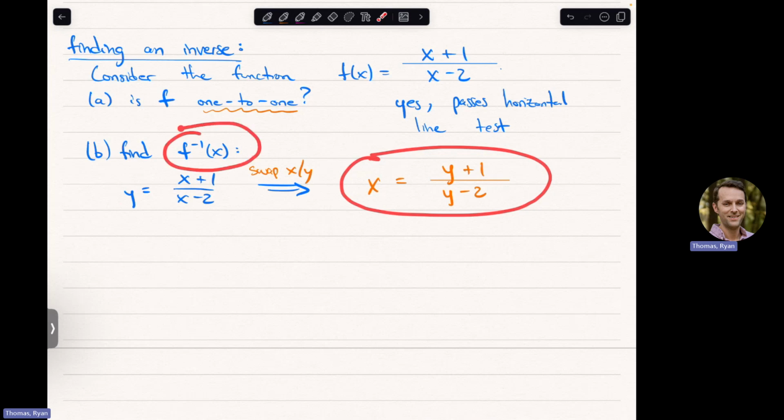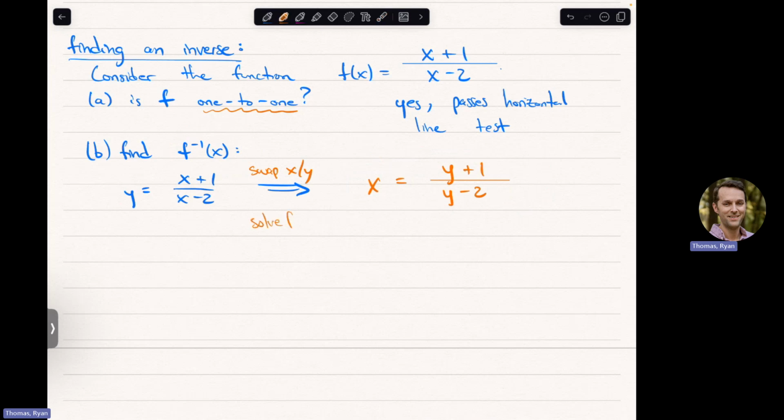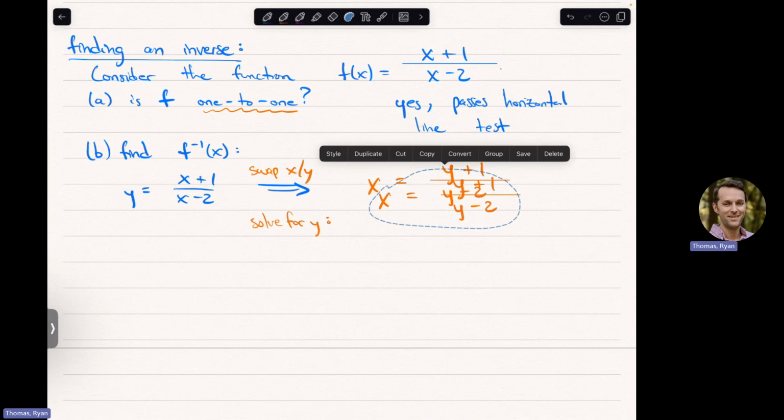Since we want it as a function, and what we did up here is verified that there is such a function that does this, we're going to solve this for y. So I'm going to take x equals y plus 1 over y minus 2, and solve that for y.